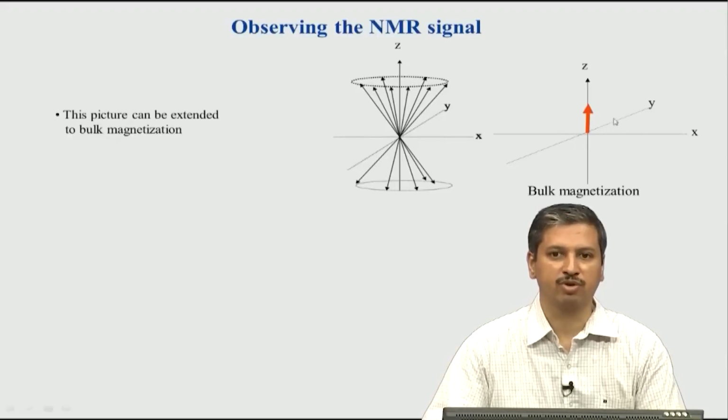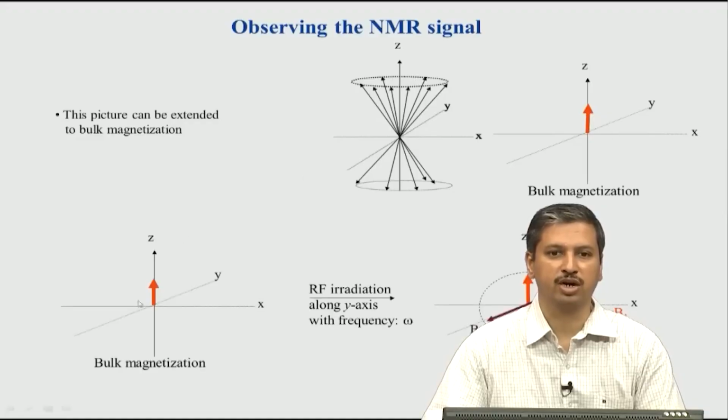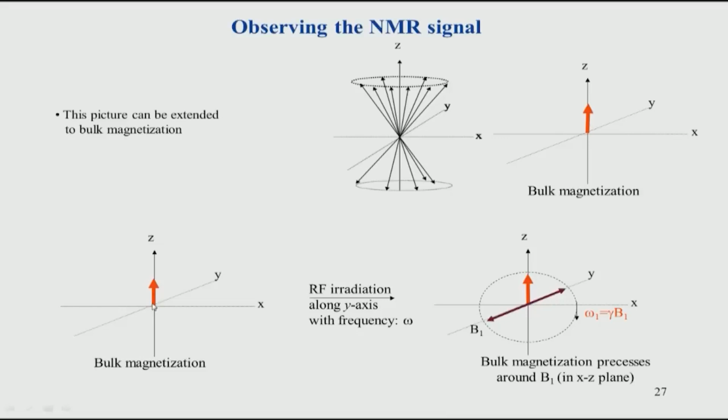When B1 is applied along the y axis in the rotating frame, the Z magnetization will tilt towards the x axis. This is what we will see now. If you look at this bulk magnetization along the Z axis, I apply an RF radiation along the y axis with some frequency, and now in the rotating frame the external magnetic field is gone.